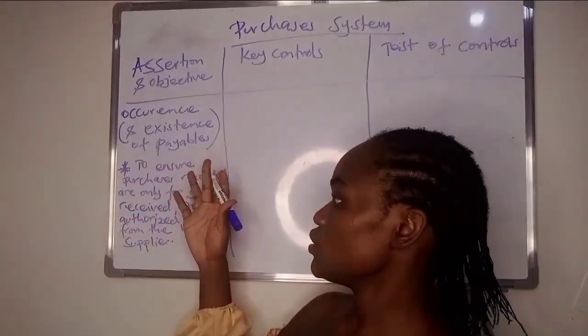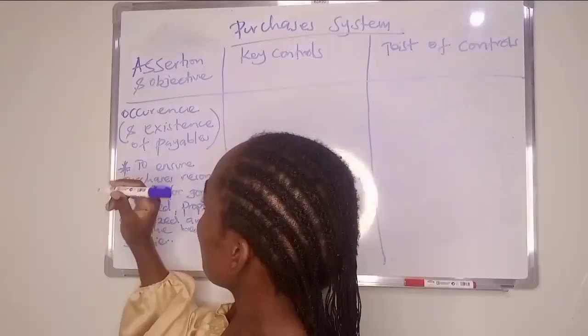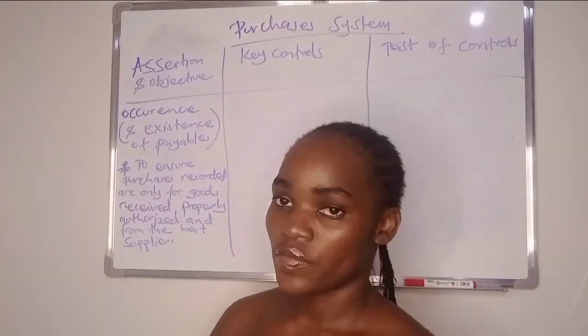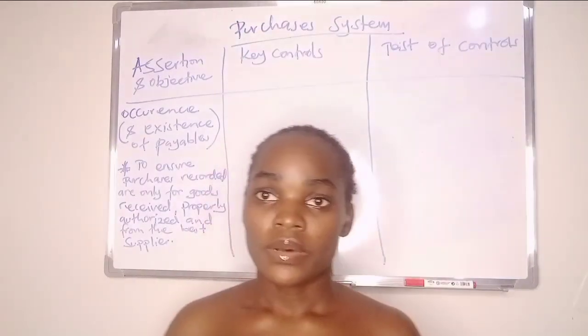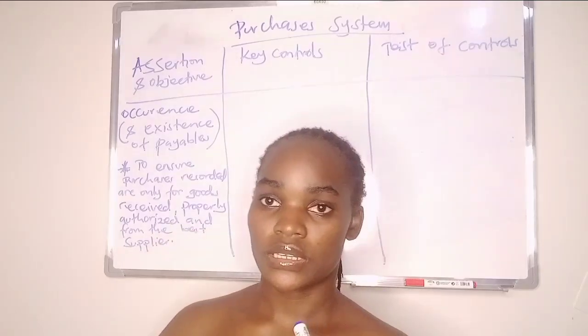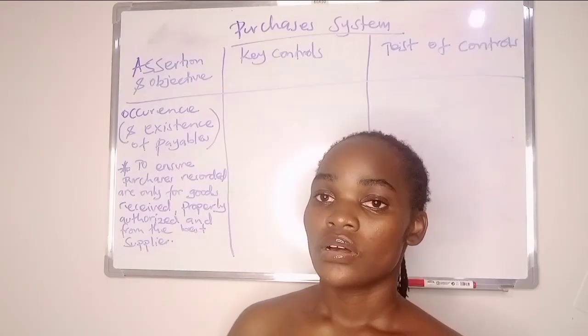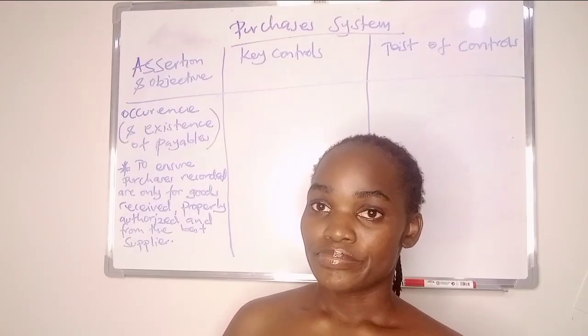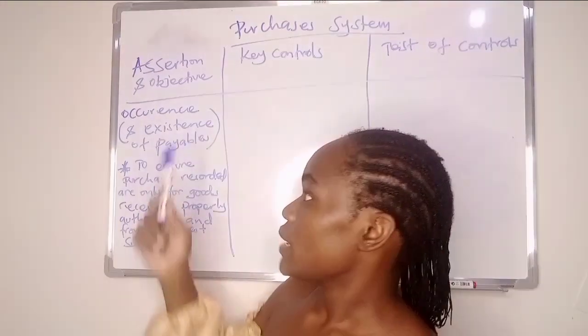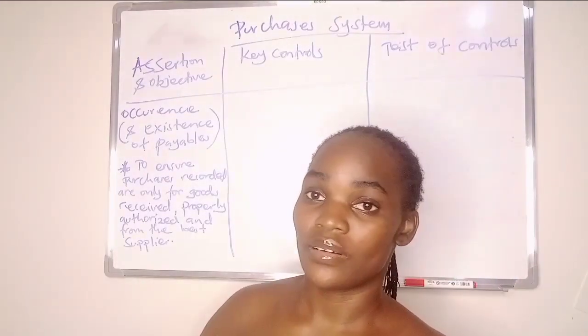So the first assertion we are dealing with is occurrence, or occurrence and existence of payables. Remember, in the purchases system we have the cash purchases and then the credit purchases. Like cash purchases, we test for occurrence to see if they really occurred.